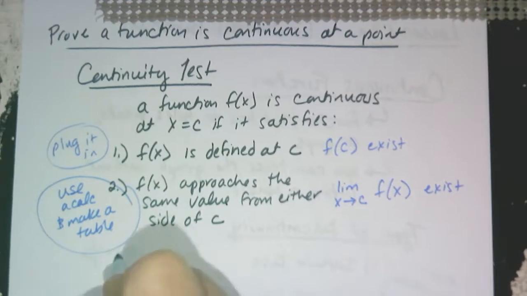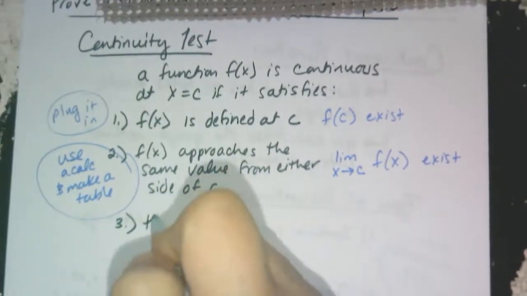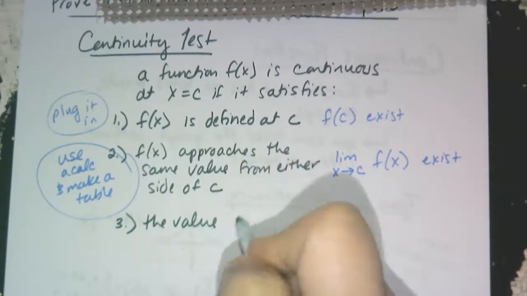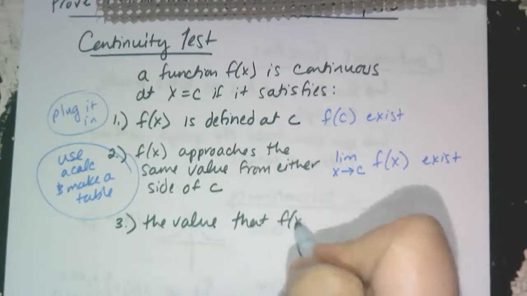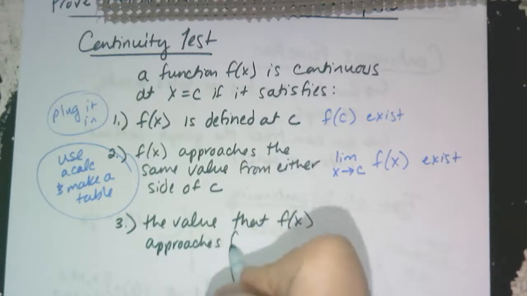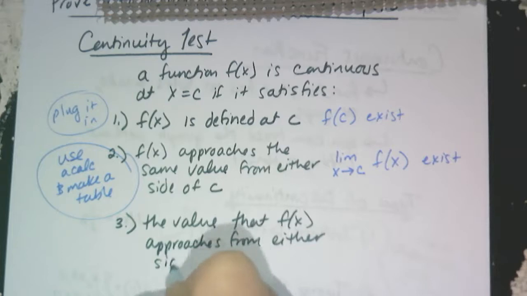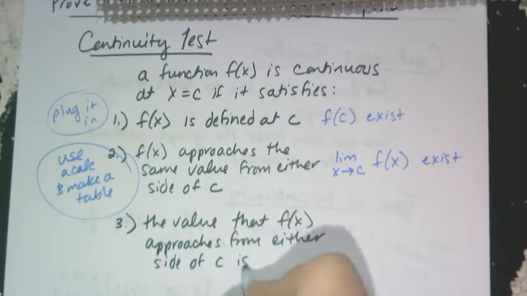All right. Then the third thing, you've passed test 1, you've passed test 2. You have to then check test 3, is that the value that f of x approaches, bless you, from either side of c is the same as f of c.